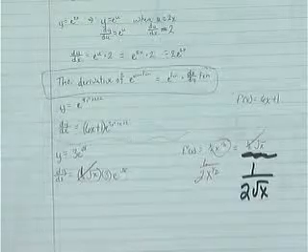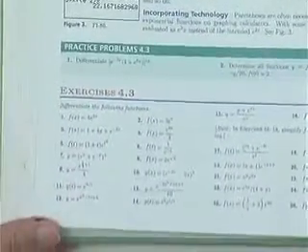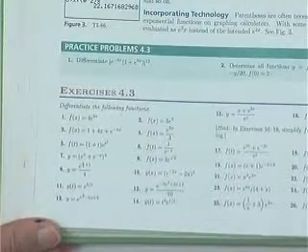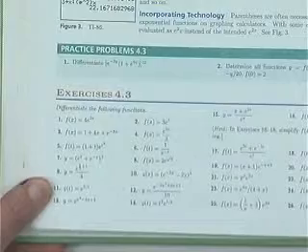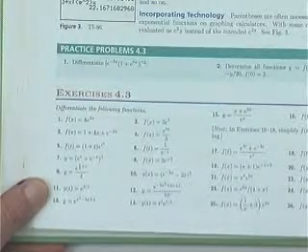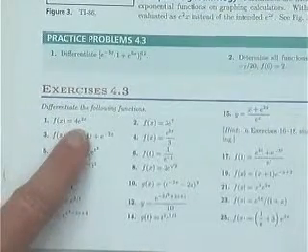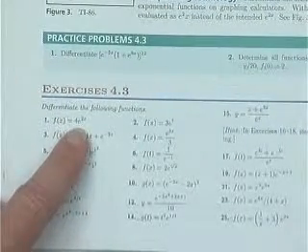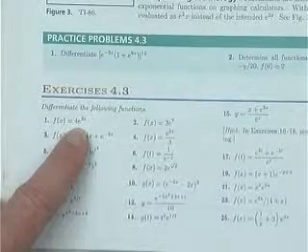All right, I'm going to show you this page. Pick one, we'll work it, and then we'll call it a day. I want you looking at exercises 4.3. Pick a problem you want to do. I'm on page 258. You don't want to do number 1. Tell me, everybody, what the answer to 1 is.